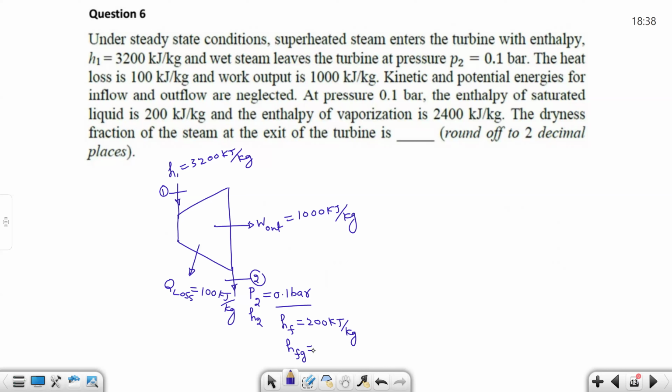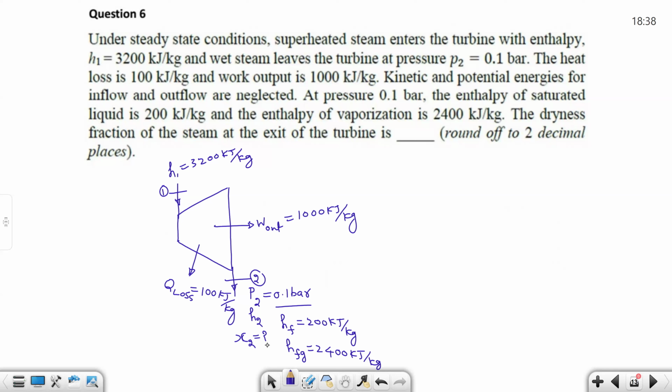So HFG is 2400 kilojoule per kilogram. Everything is in kilojoule per kilogram, so we follow the same unit. What is the dryness fraction of the steam at the exit, X2? Because it is wet steam, you have a dryness fraction.